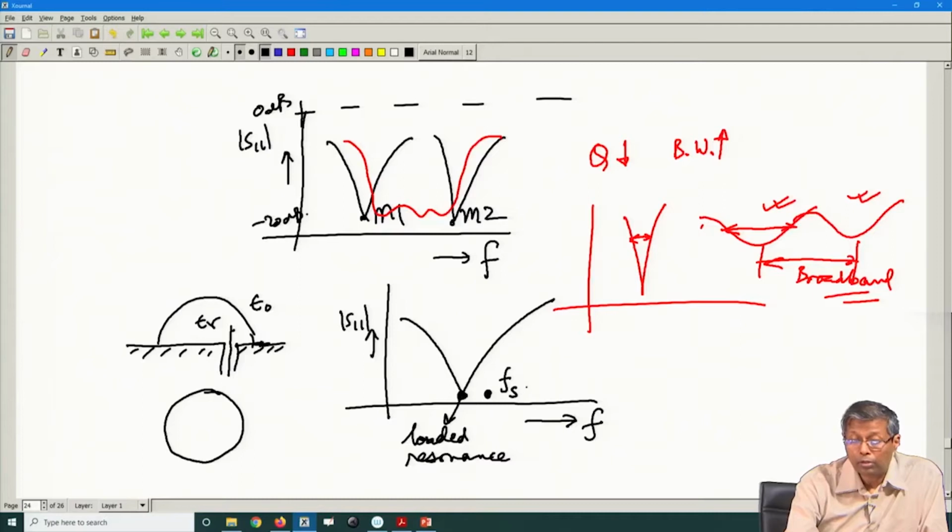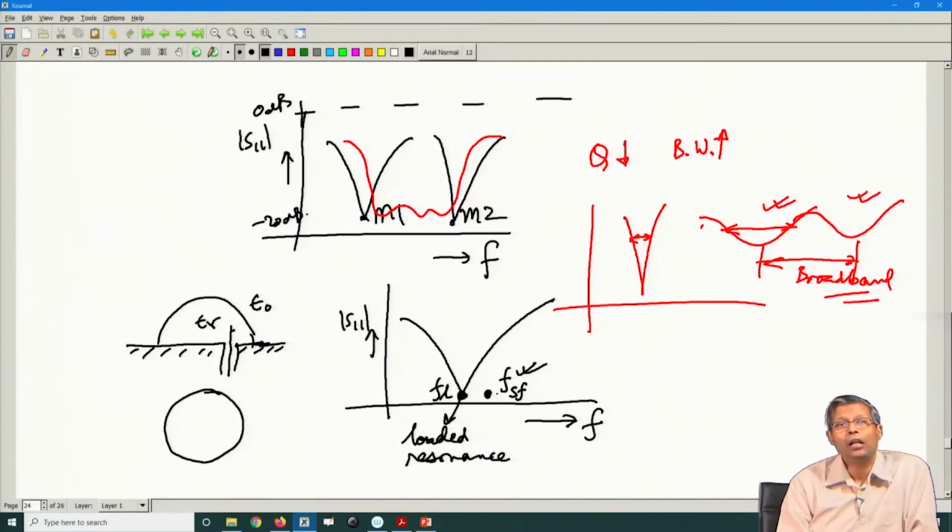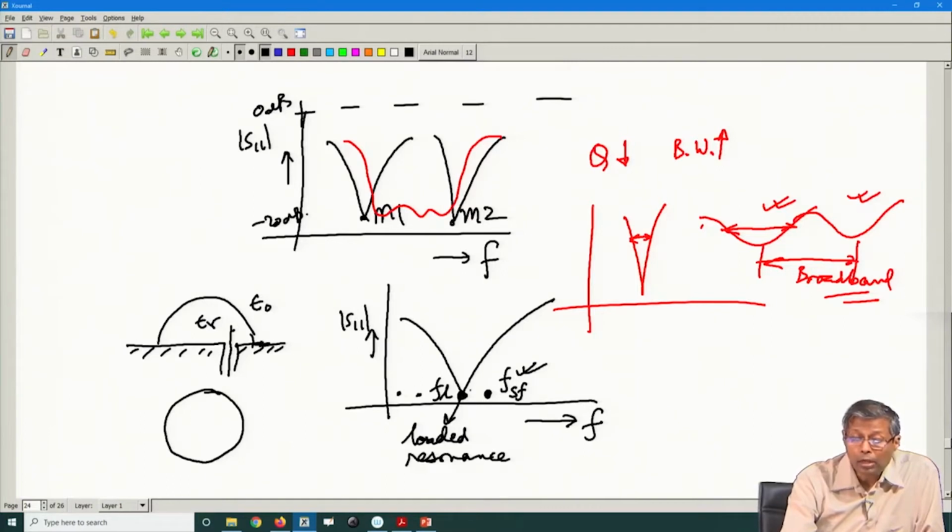So, source free SF, and this is the FL, which is the loaded resonance. So, the source free resonance will differ from the loaded resonance in general. In fact, at a particular loaded resonance, it can be contributed by 2 or 3 modes which are located close by.